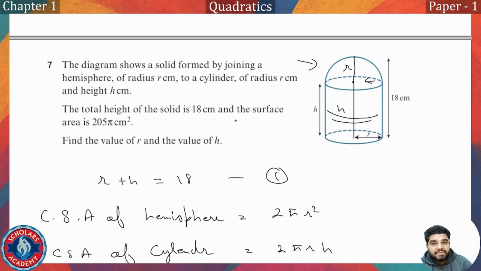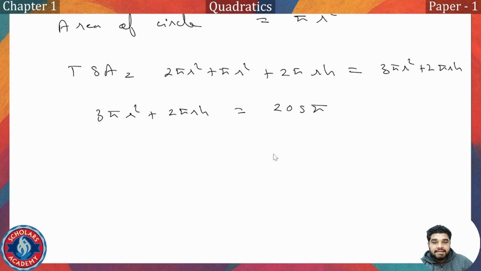So we were given the total height, which is height plus radius, that is 18. One equation we got from that. We are given the total surface area. Surface area for the curved surface area of hemisphere will be 2 pi r square, this is 2 pi r h, and this circular disk is pi r square. So complete surface area is done. Now we added them, we got this.